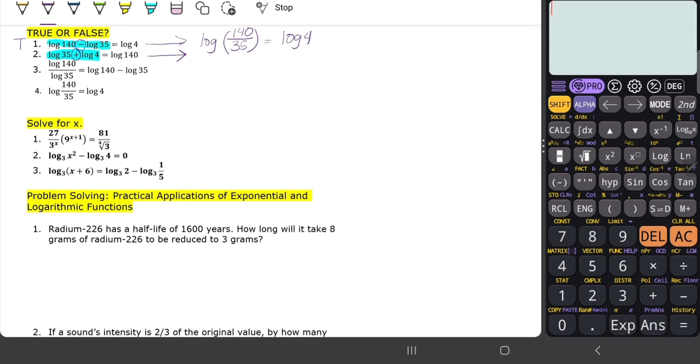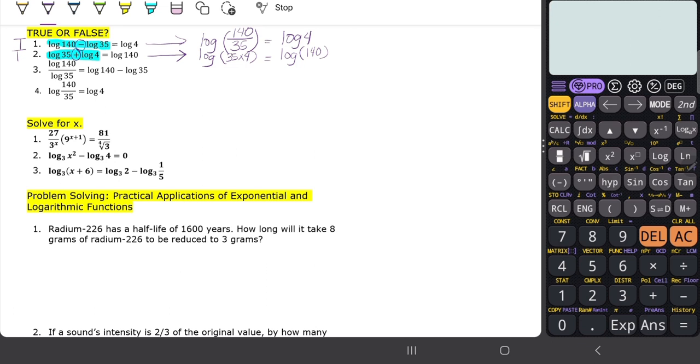And product rule states that we need to multiply the arguments. So this is log of 35 times 4. So 35 times 4 is 140. Therefore, this is log of 140. So item 2 is also true.